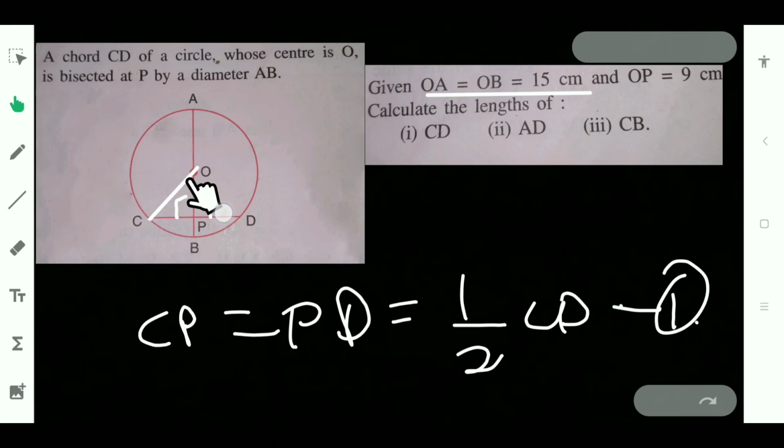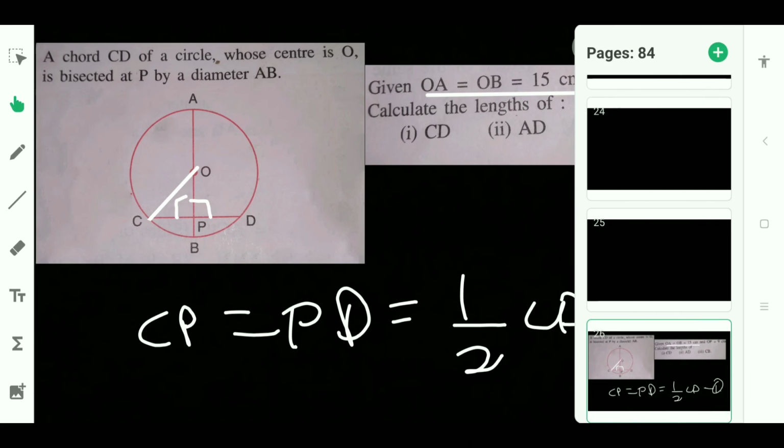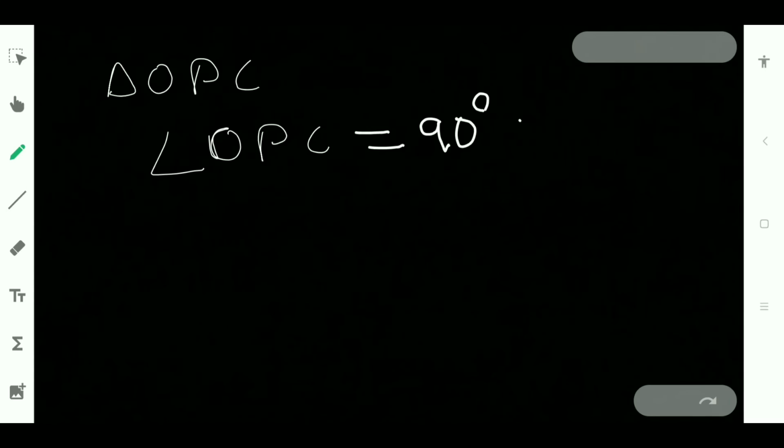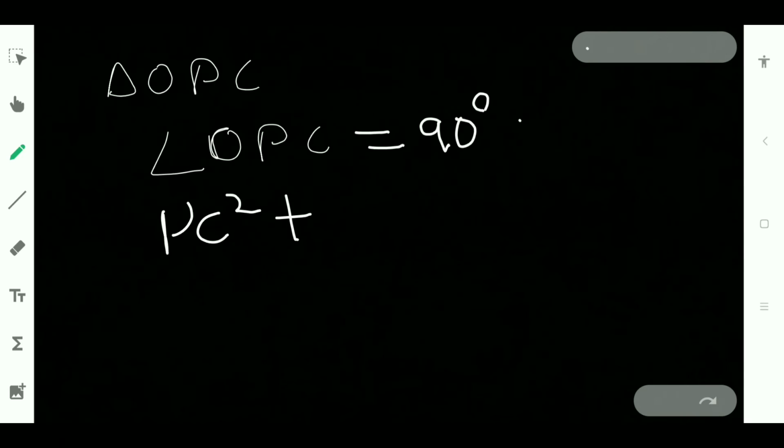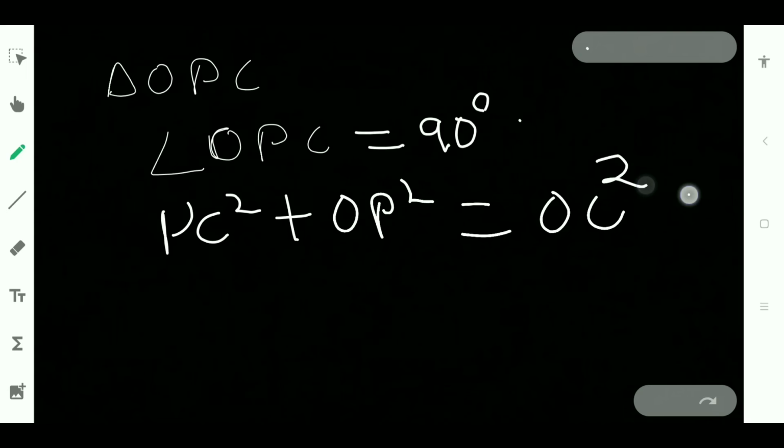Now OC is the hypotenuse, and PC square plus OP square is equal to OC square.